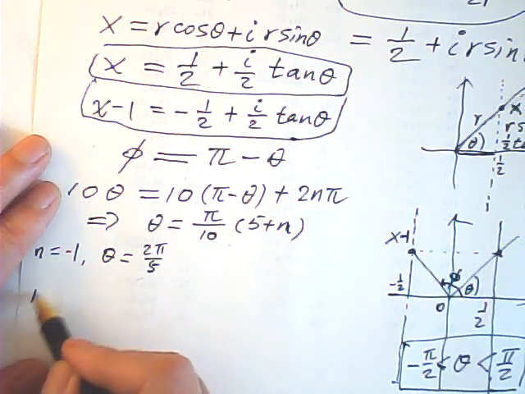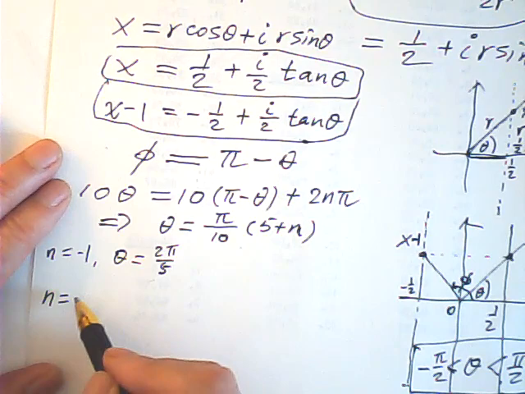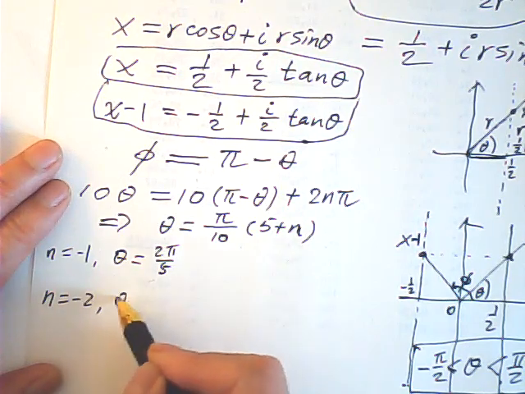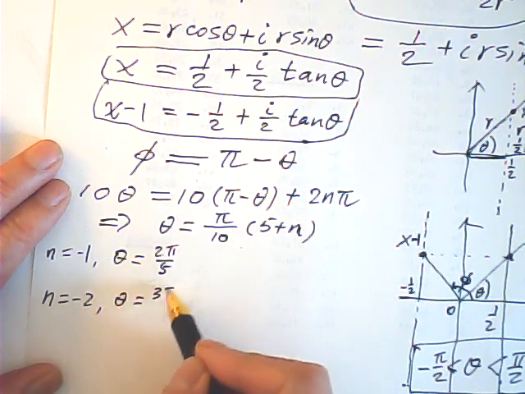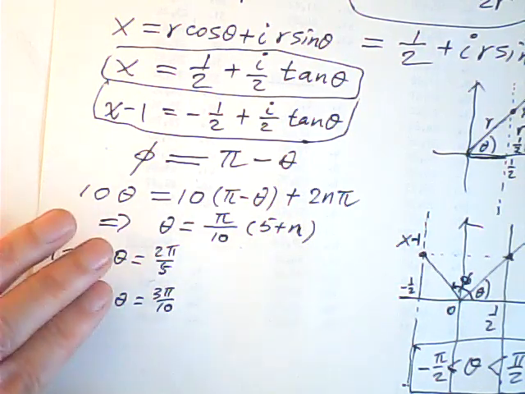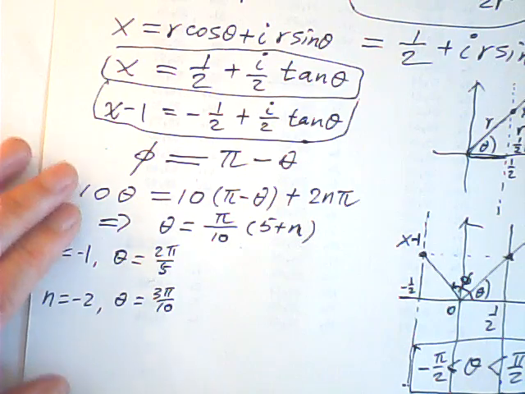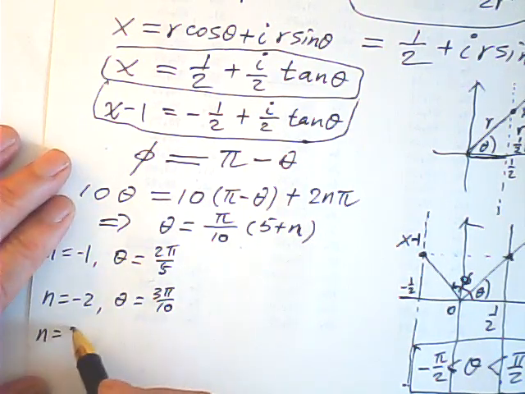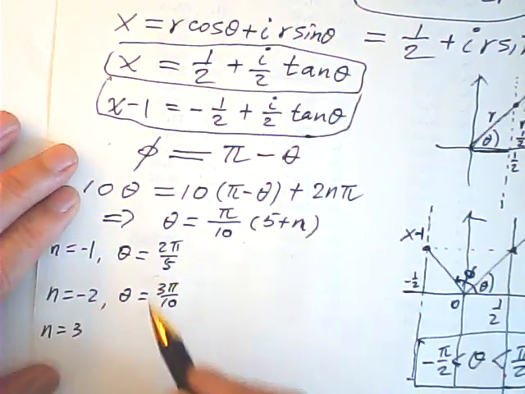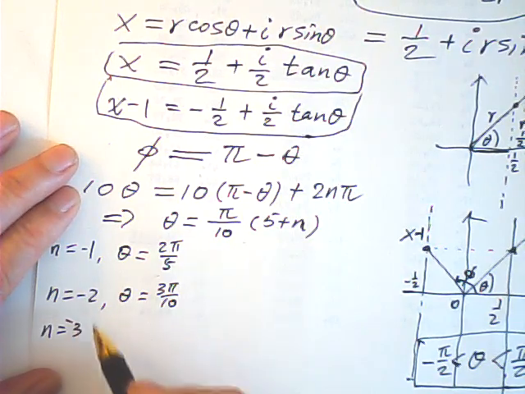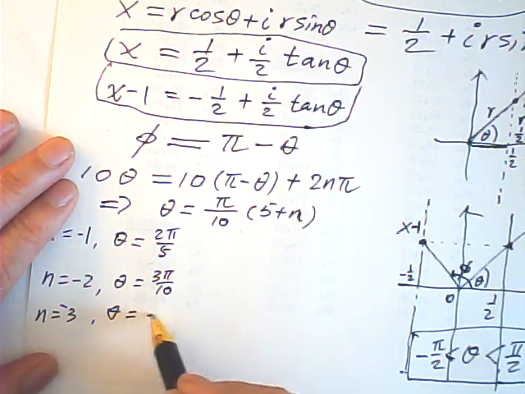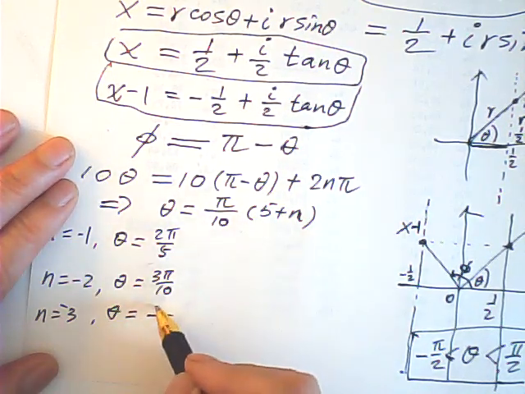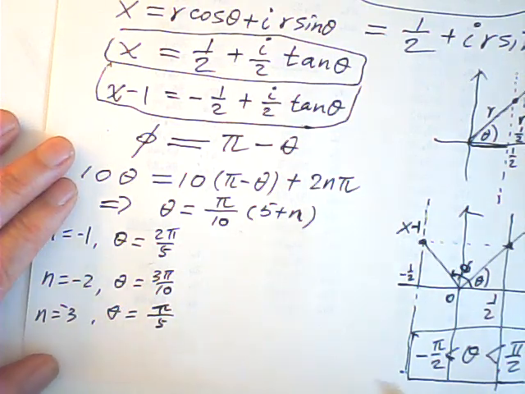N equal to negative 2 gives 3 pi over 10. N equal to negative 3 gives pi over 5.